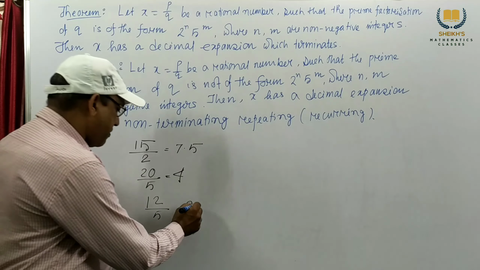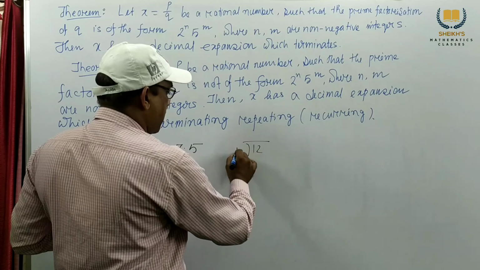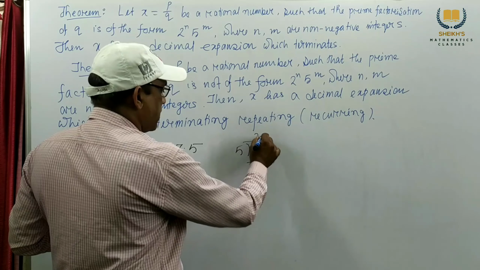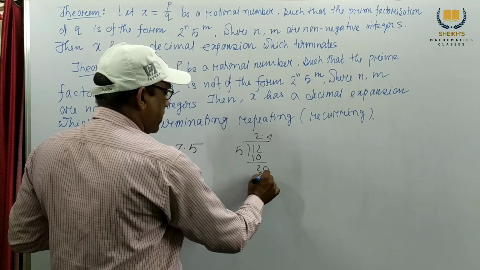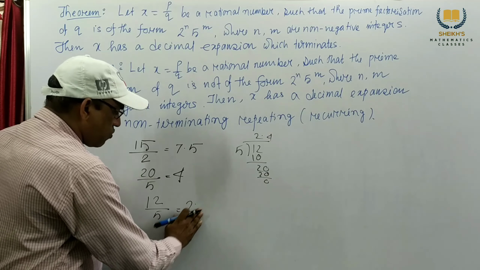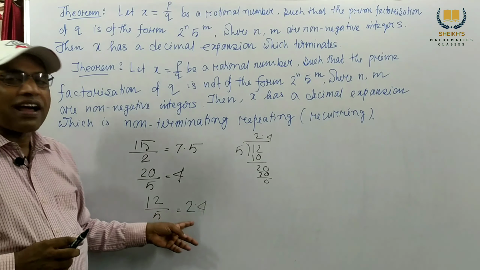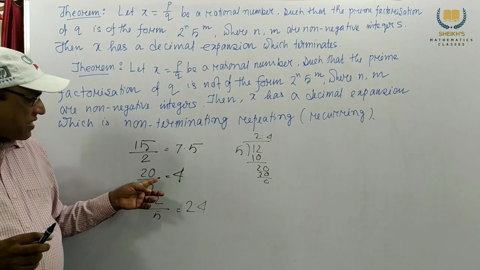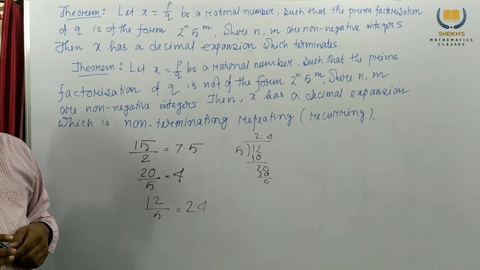Taking the decimal, in the lower class method, this is 12, this is 5, 5 2s are 10, we get 2, decimal, this is 0, 5 4s are 20. So we get 2.4. So this number terminates. So what do we get? If the denominator is either 2 or 5, then the number terminates.